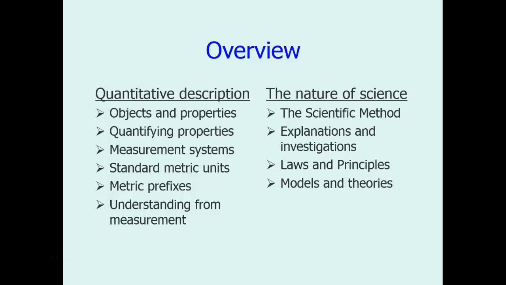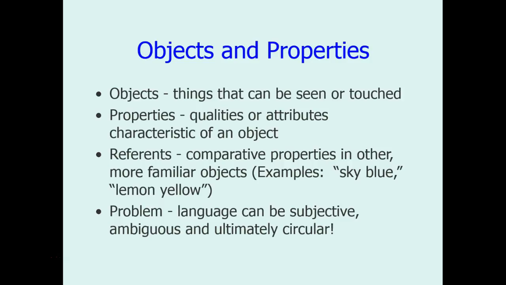We'll look at laws and principles and how they compare with models and theories, okay? Just some of the nomenclature about how things are put together. I'll mention a few. Some of those may be of interest to you. Okay, that's the chapter. So let's look at the first, objects and properties.